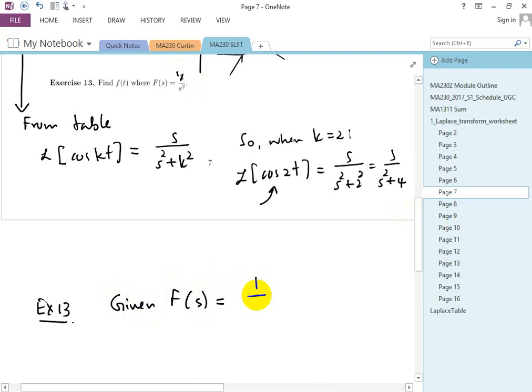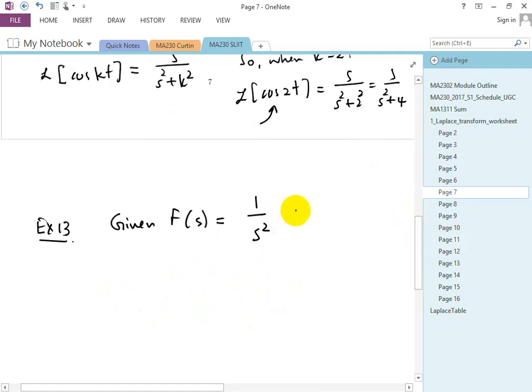So 1 over s squared. So find little f. So can you tell me, so table here.